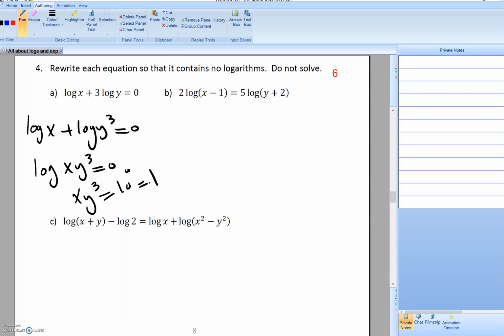So I don't see any log then. I use those rules from number 5, all the rules apply here, and then I use anti-log, which is 10 power. Okay, 10 power of the right side.